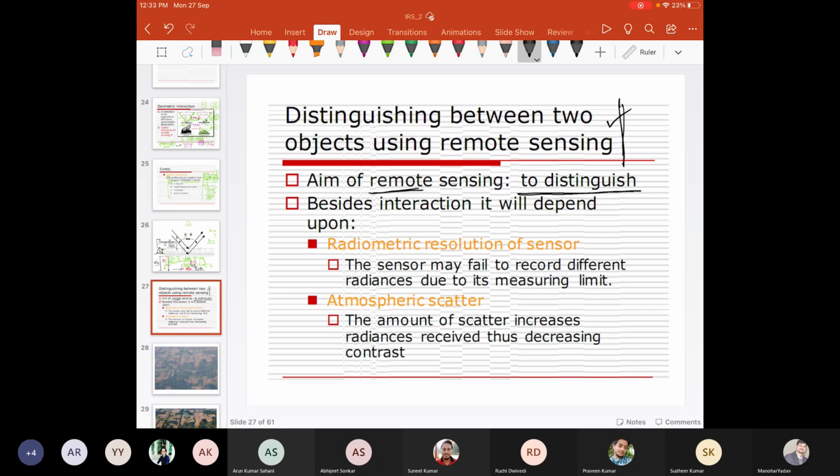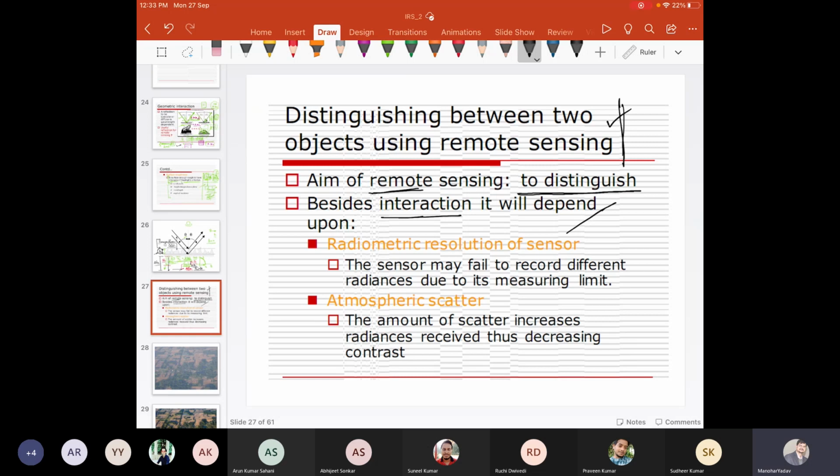Previously we talked about interaction with the Earth surface object. Besides the interaction, distinguishing between various objects in the image also depends on the properties of the sensor that we use. What sensors are we using?